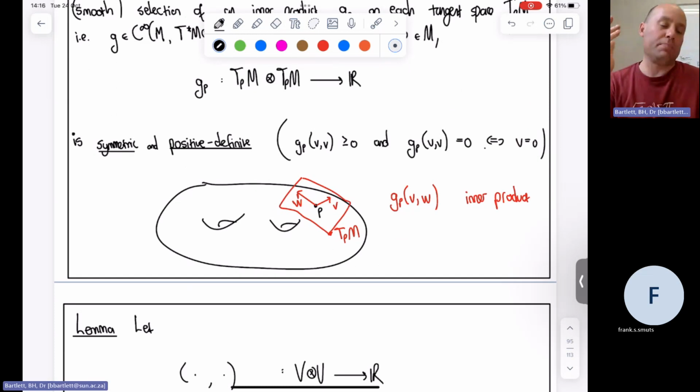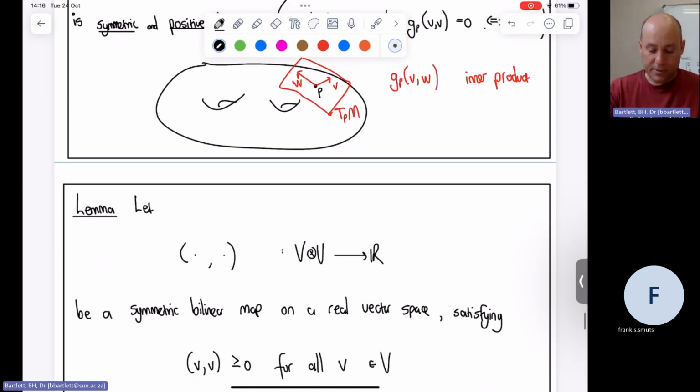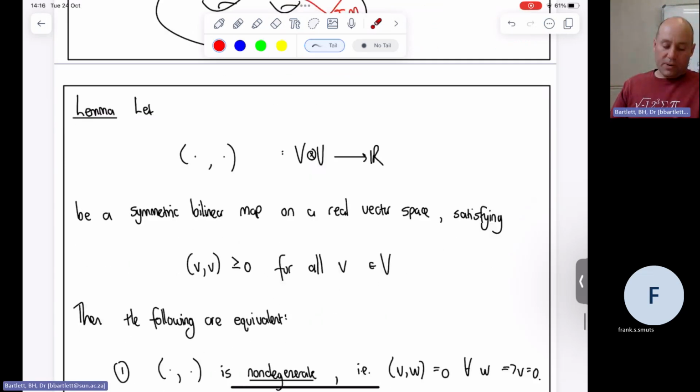So just one important thing to bear in mind, and something that you know from the study of inner products, is that you can equivalently phrase positive definiteness in terms of non-degeneracy. So if you've got a bilinear map on a real vector space, which is a symmetric bilinear map, and is also non-negative in the sense that the bilinear map applied to V comma V is greater than or equal to 0 for all V, then the following are equivalent.